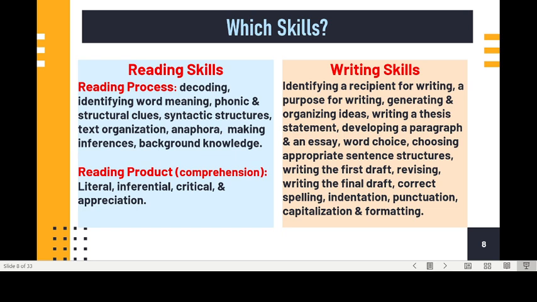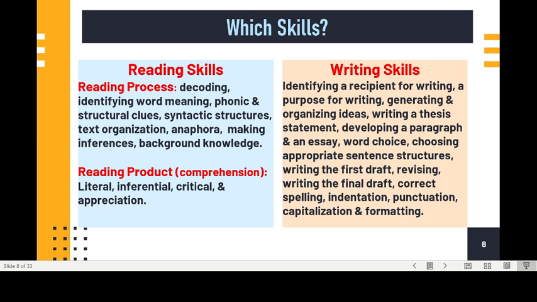And we do these things in order to understand the content of the passage, the content of the text. So the process skills cover decoding, that's the ability to convert the printed symbol into spoken sounds. They have to identify word meaning.